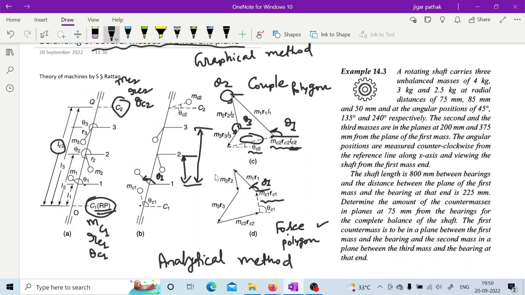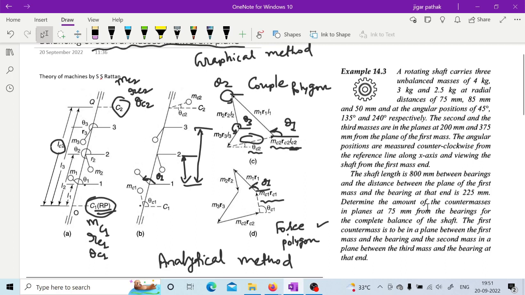The angular positions are measured counterclockwise from the reference line, viewing the shaft from the first mass end. The shaft length is 800 mm between the bearings, and the distance between the plane of the first mass and the bearing at the end is 225 mm.